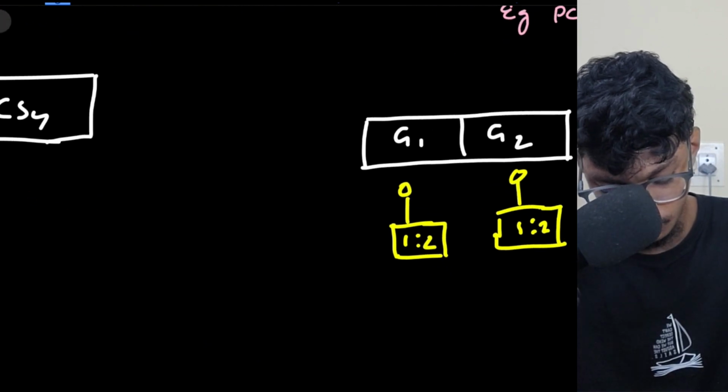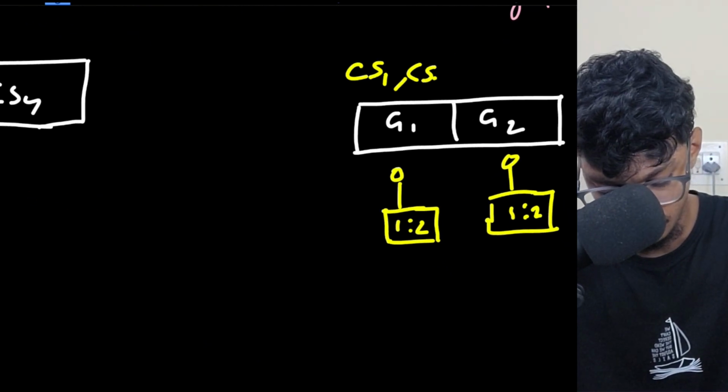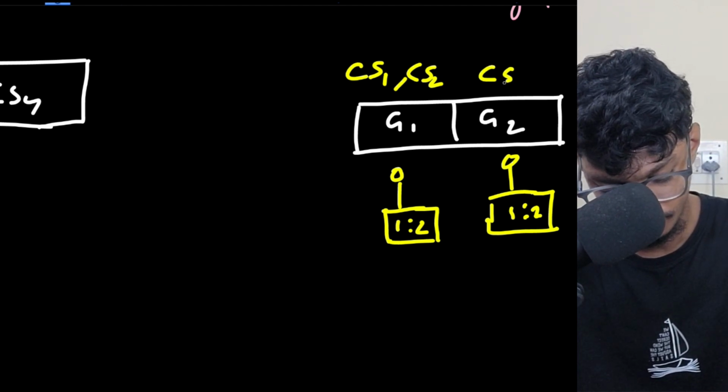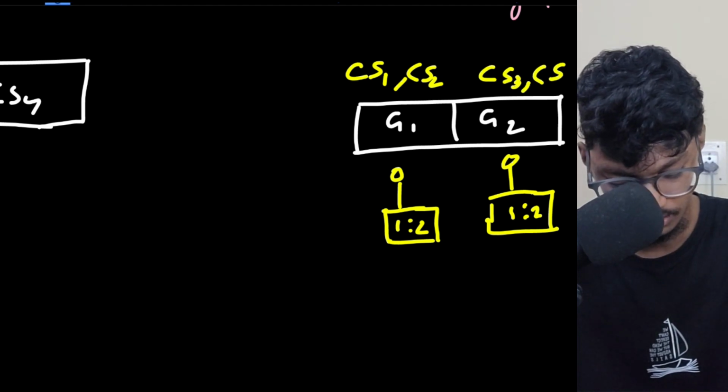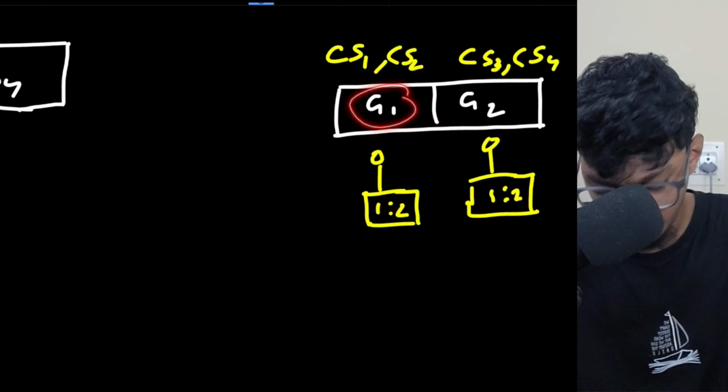This group contains control signal 1 and 2, but has only 1 bit. The other contains control signal 3 and control signal 4, but it also has only 1 bit.